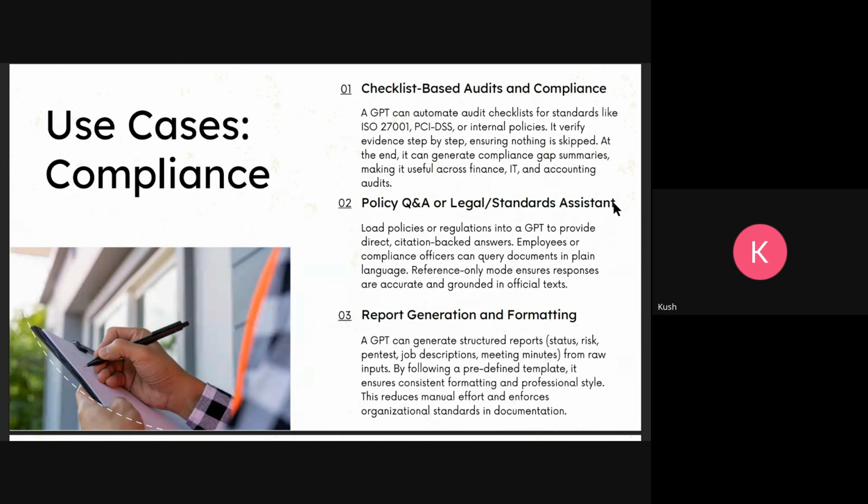Next is report generation or formatting. Not all use cases are Q&A. Some involve content creation in a consistent format. For example, an organization might have a standard template for a weekly status update or a risk assessment report. A custom GPT can be set up to generate this report for you.